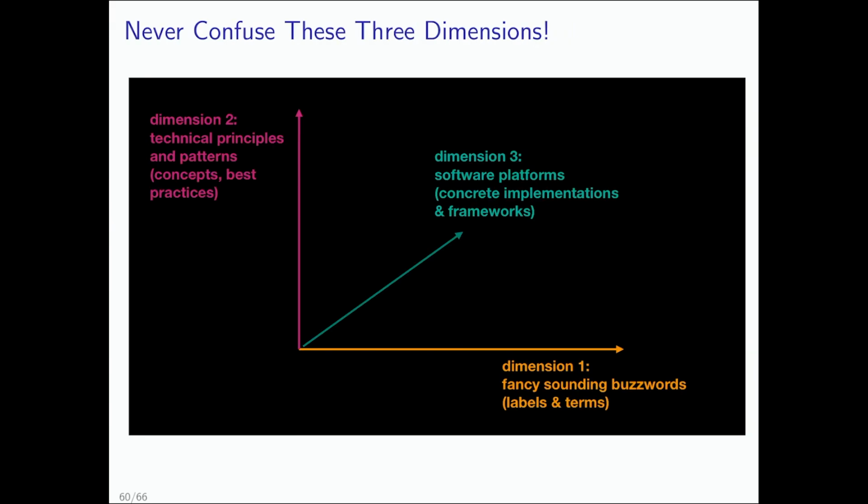And then the other thing I told you about is this confusion of dimensions, also very widespread in development in industry, but also at university. You, as a computer scientist, or whatever you study here, you should always solve problems in dimension 2. Technical principles and patterns, concepts, best practices, but not along the lines of specific software platforms.